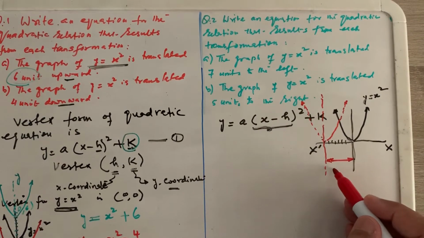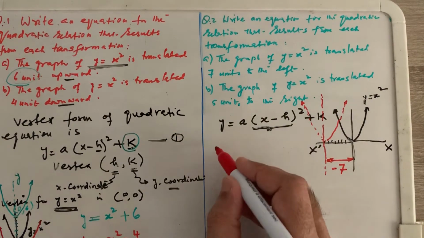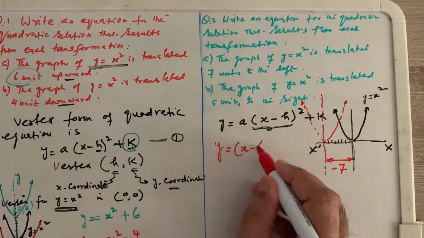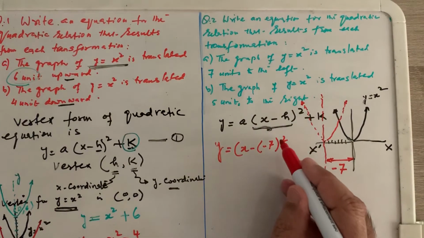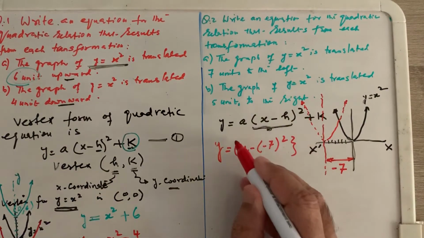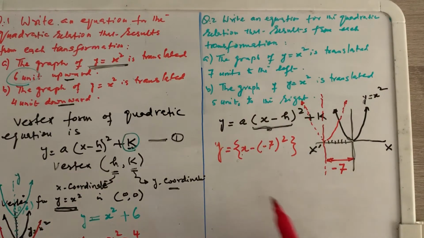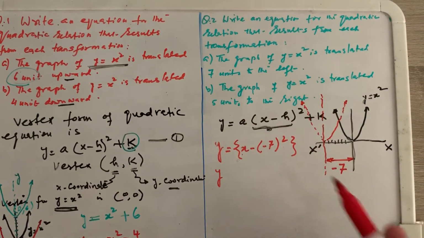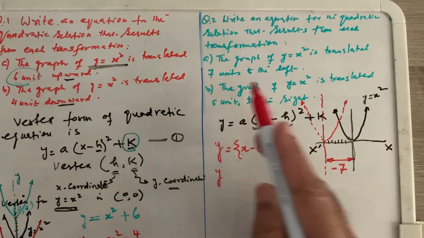So that means this is minus 7. If you put minus 7 into this equation, y equals x minus 7 whole squared, right? You can make another bracket so that you can differentiate between the small parentheses. So now you replace h with minus 7 because you are given that the graph of y equals x squared is translated 7 units to the left.